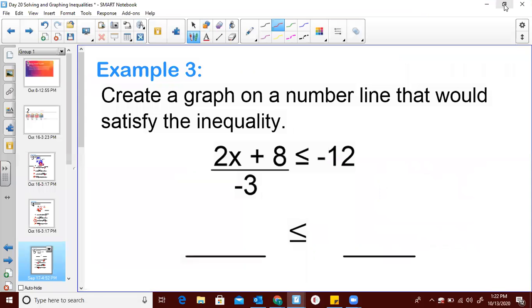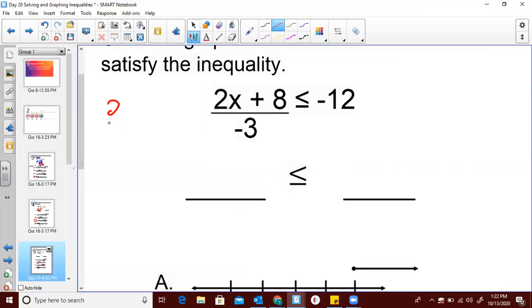All right, so from here, we have to decide if this variable is positive or negative. So I can rewrite this side as 2x over negative 3 plus 8 over a negative 3, because we know that this is a common denominator.